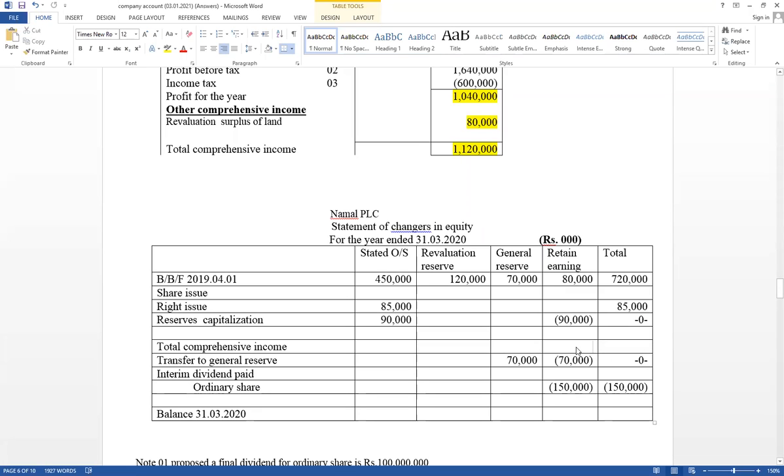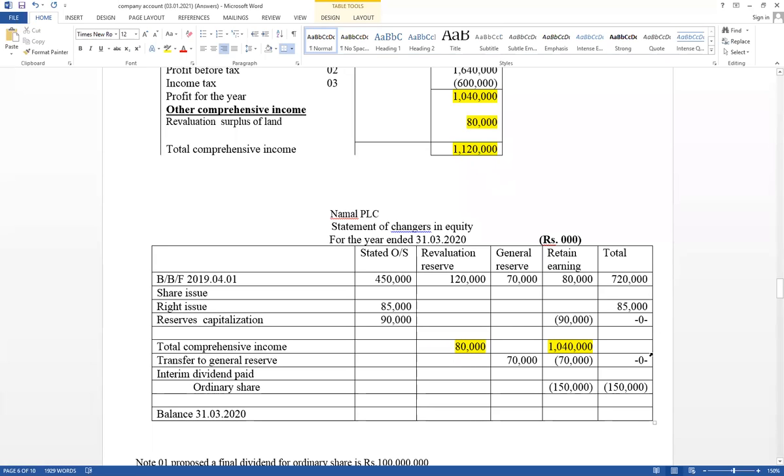Think about retained earnings column. Profit for the year, it is equal 1,040,000. Therefore, 1,040,000. Profit for the year should be included in the retained earnings column. And revaluation reserves, other comprehensive income 80,000 should be included in the revaluation reserves column.